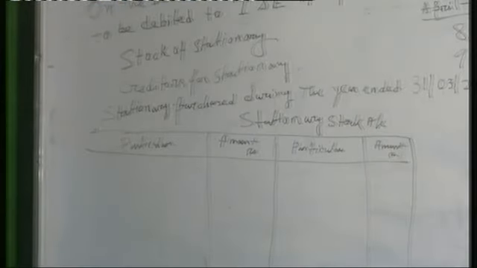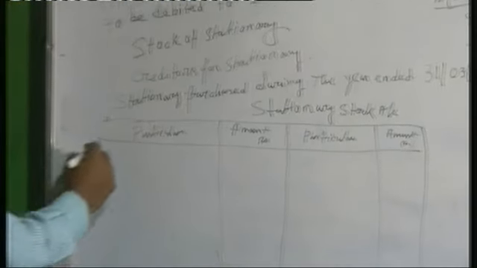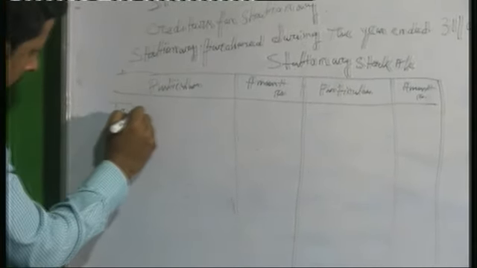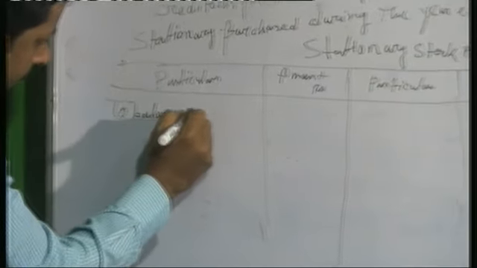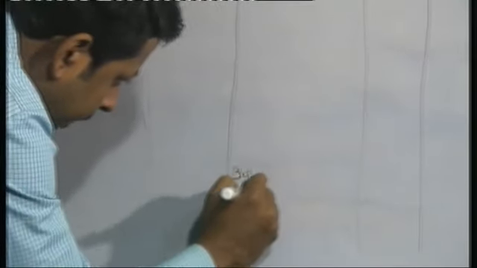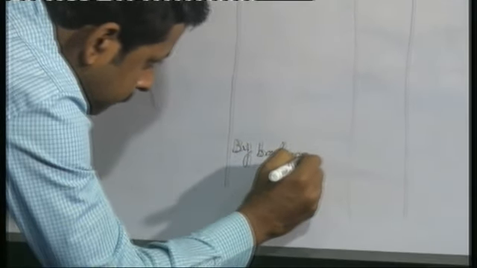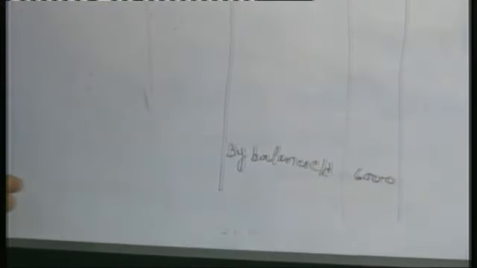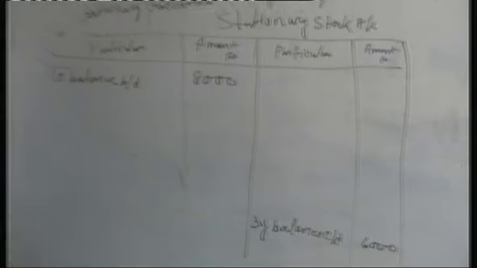What is the opening balance of stock? As stock is our asset, the opening balance of stock should be debited. Opening balance of stock is 8,000, to balance b/d, this is 8,000. And what is the closing balance? Closing balance is 6,000, so by balance c/d, this is 6,000.